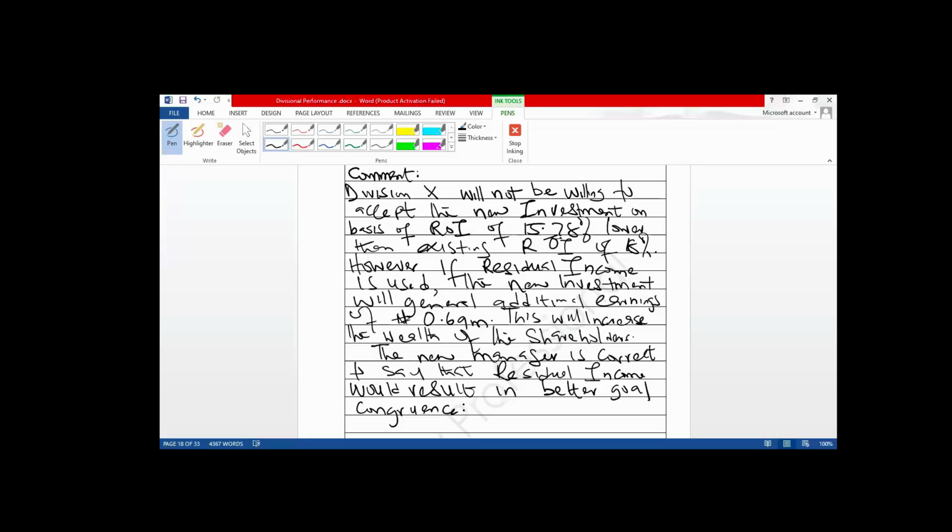We now move to the third method. We have solved two questions. The two questions we solved considered residual income and return on capital employed. The third method is economic value added.